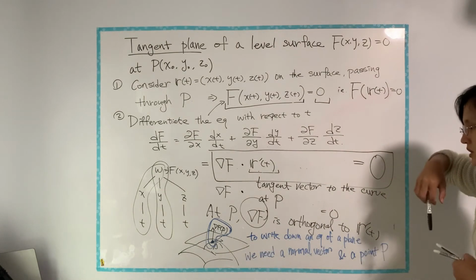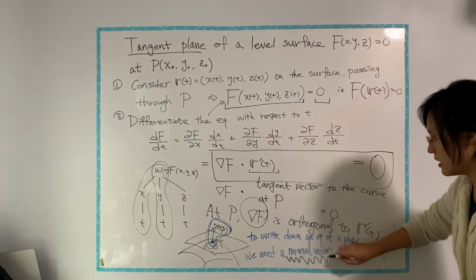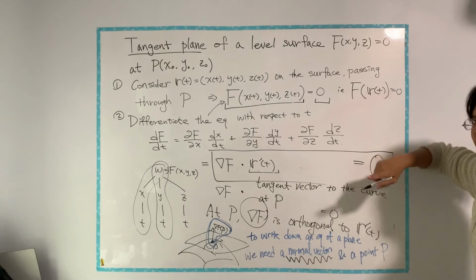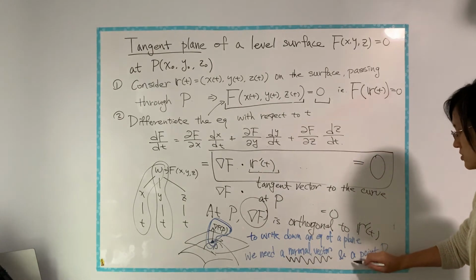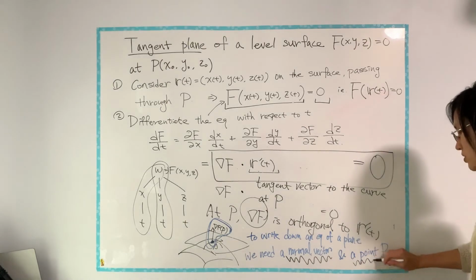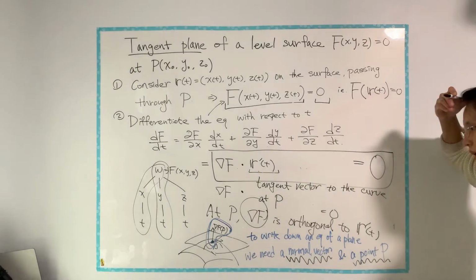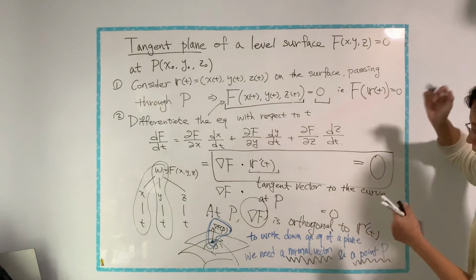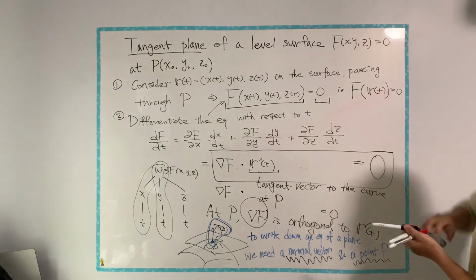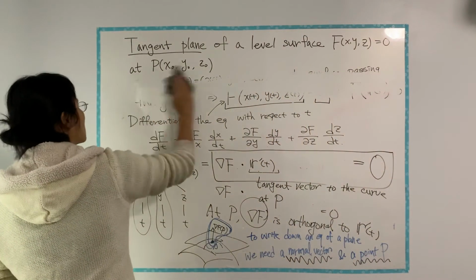So we found a way to find a normal vector of the plane. Moreover, because of the definition of tangent plane, we also have a point on the plane. Now we just need to put these two ingredients into the equation of a plane, then we're good. Okay, so let me erase this.